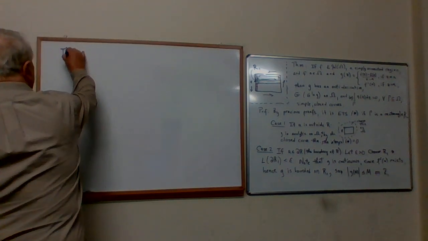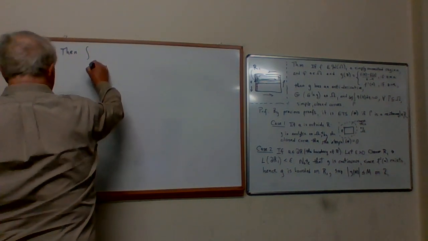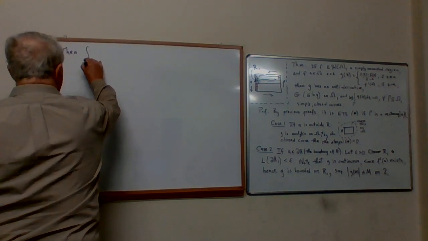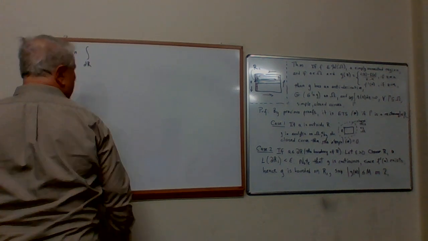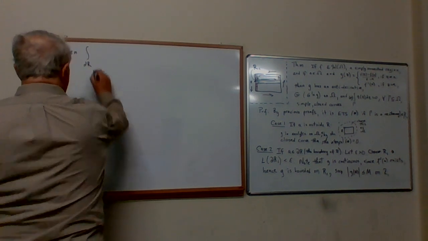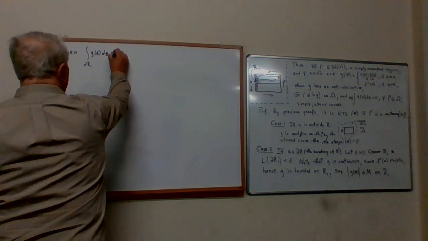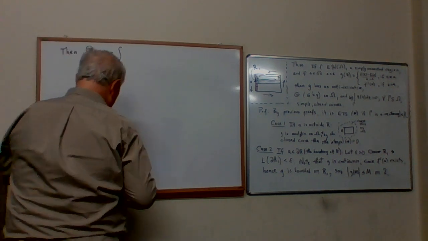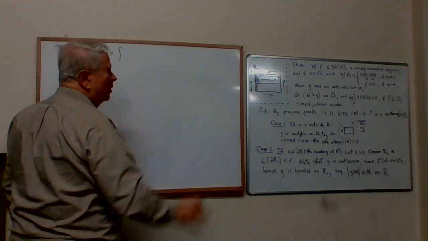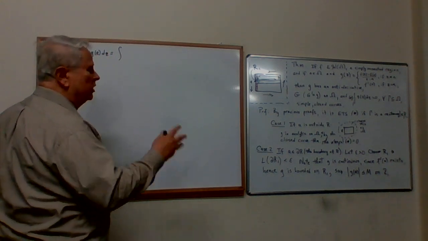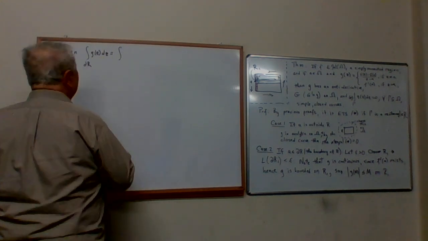Then let's do some arithmetic. The integral over the boundary of the big rectangle of g of z dz, as I mentioned before, is the sum of the integrals over the 6 smaller rectangles because of the cancellation on the paths inside.